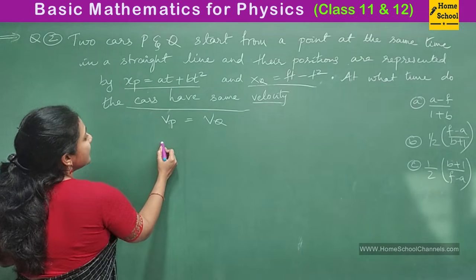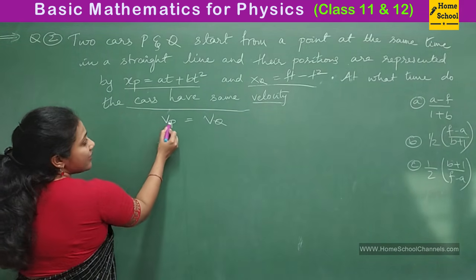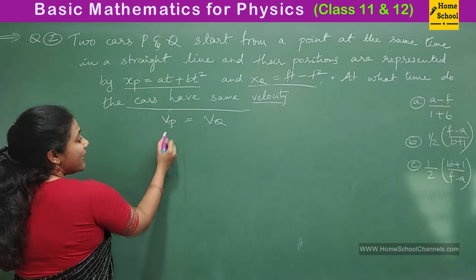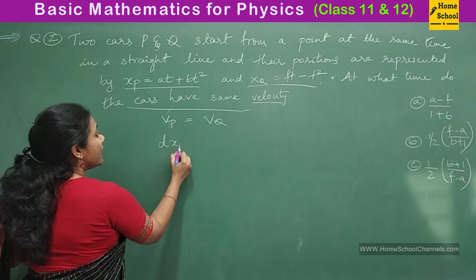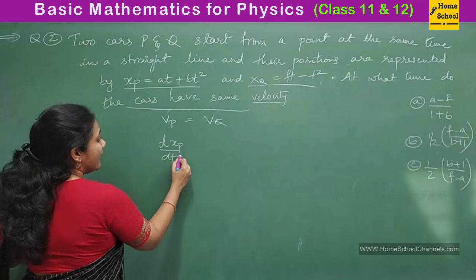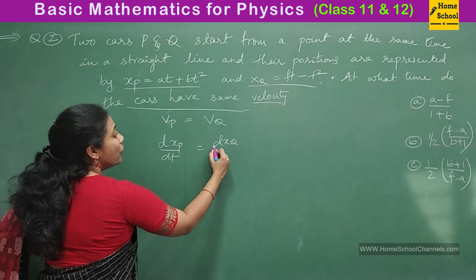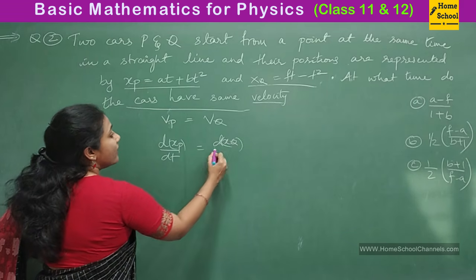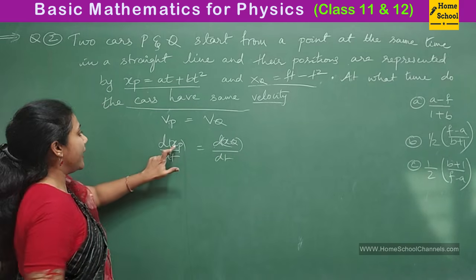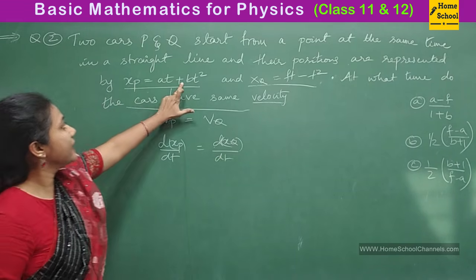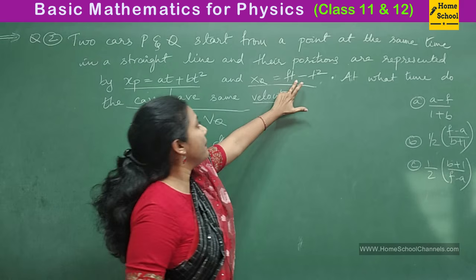So how do you find instantaneous velocity? The instantaneous velocity of car P is dxp by dt, which is equal to dxq by dt. xp is given by this equation, xq is given by this equation.